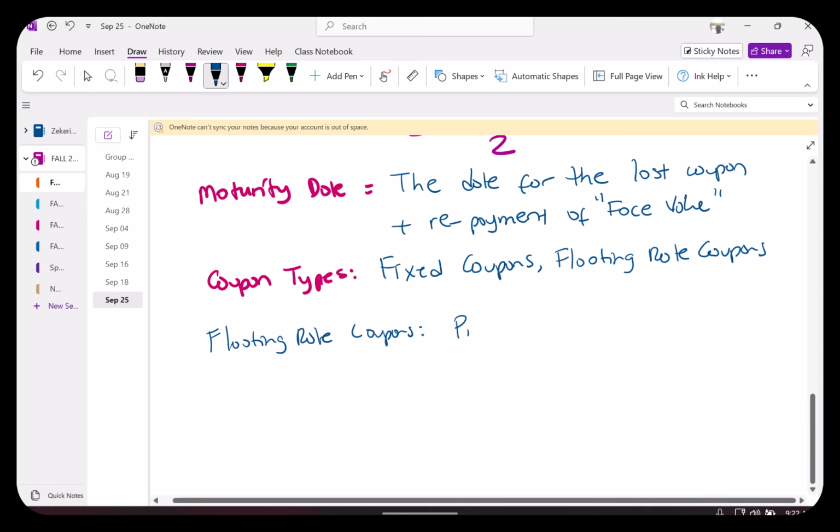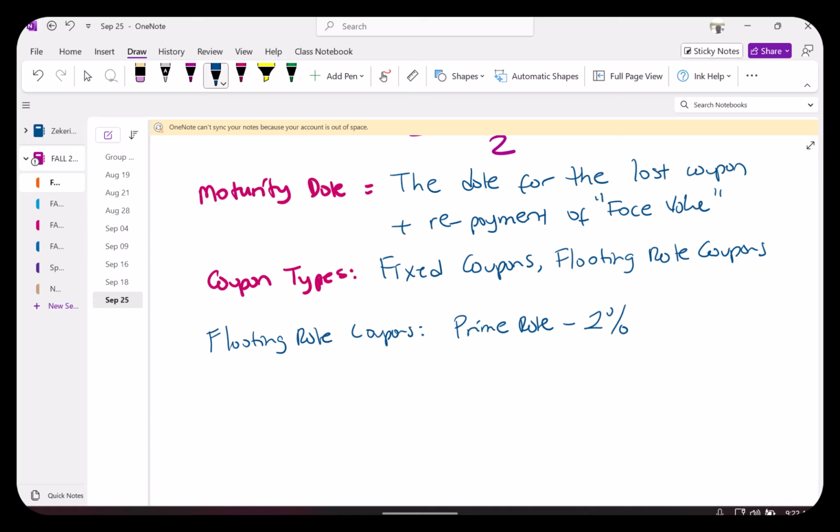Prime rate minus 2 or 3. And let's say 2. Prime rate is defined typically as the interest rate banks offer to their best customers.